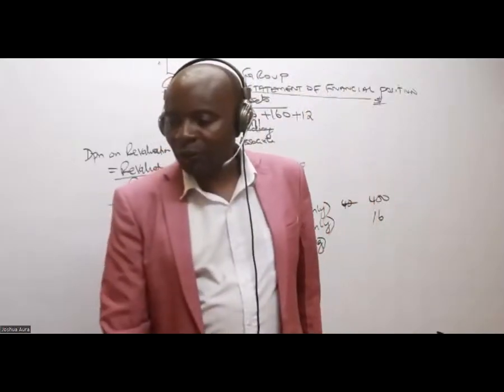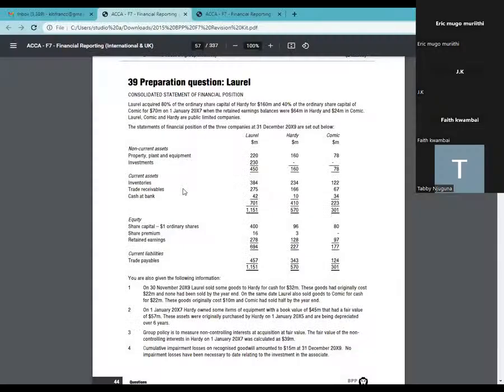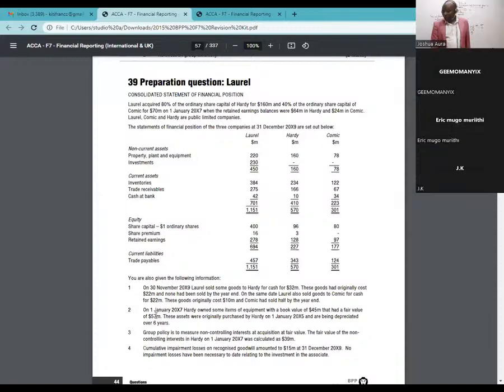Let's read this together. On 1st January 2017, Hadi owned some item of equipment with a book value of 45 million that had a fair value of 57 million. These assets were originally purchased by Hadi on 1st January 2015 and are being depreciated over 6 years.